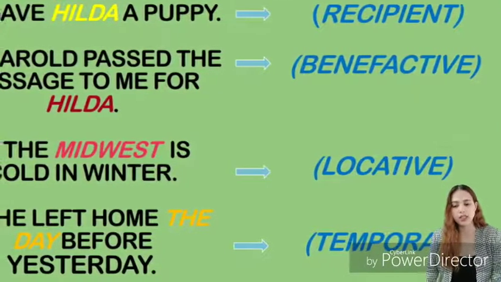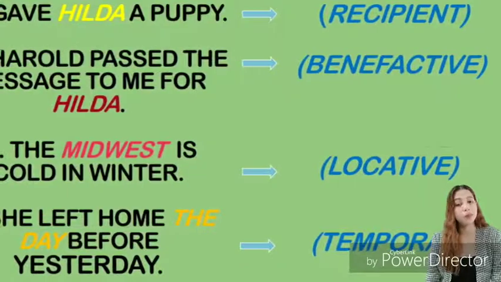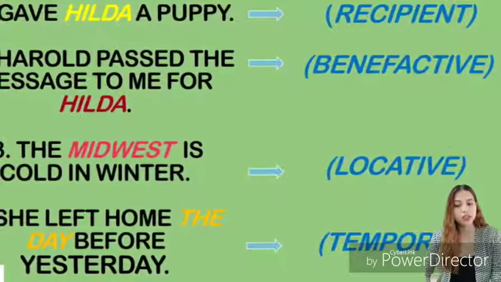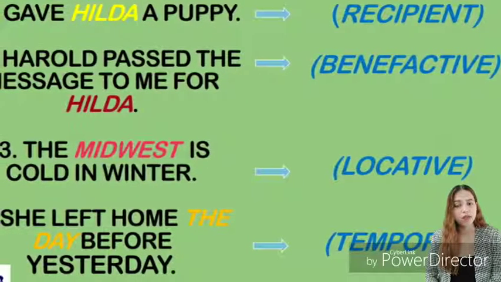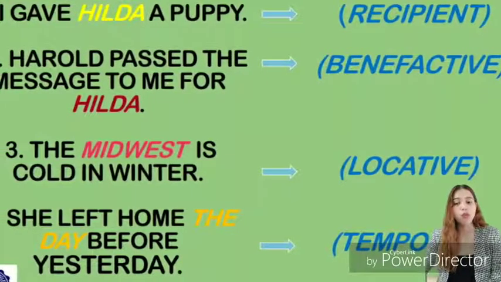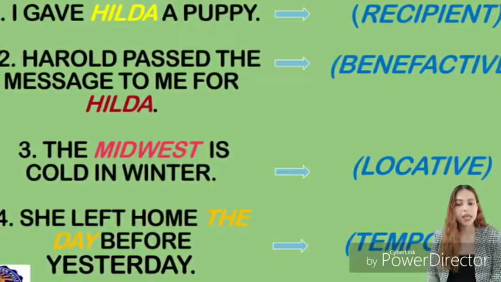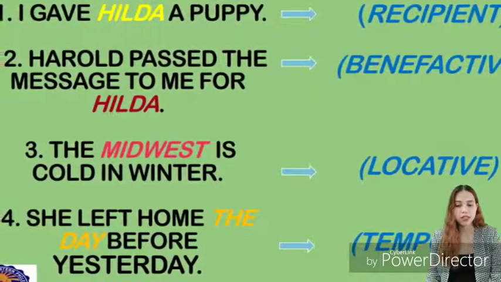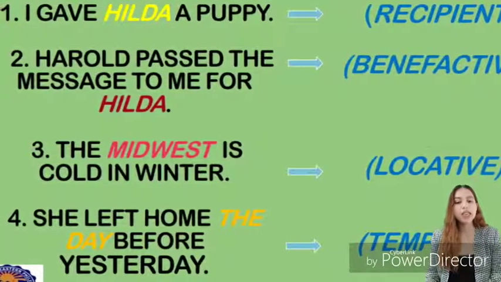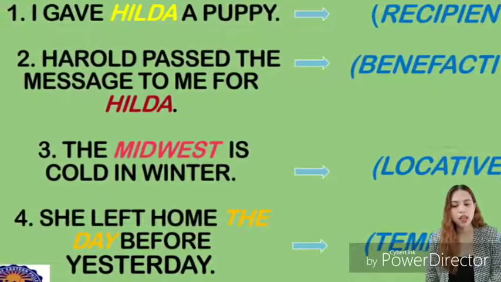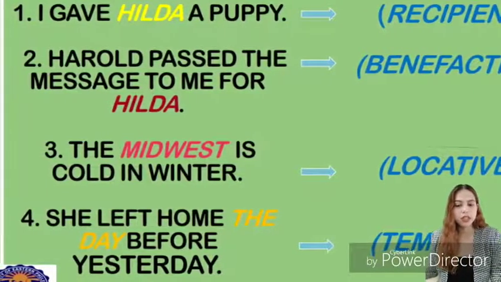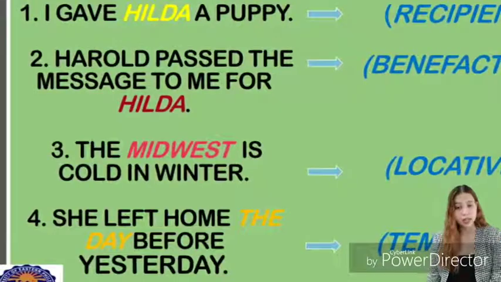Take a look at these sentences. I gave Hilda a puppy. So Hilda here is the recipient of I, which is the subject, and what Hilda received, that is the puppy. Second sentence, Harold passed the message to me for Hilda. Hilda is the benefactive because the message that was passed by Harold to me was for Hilda.